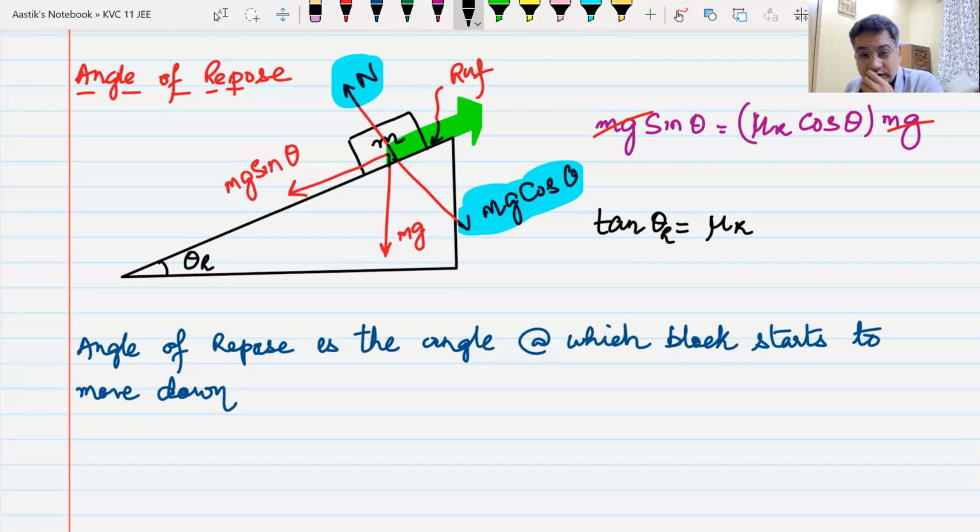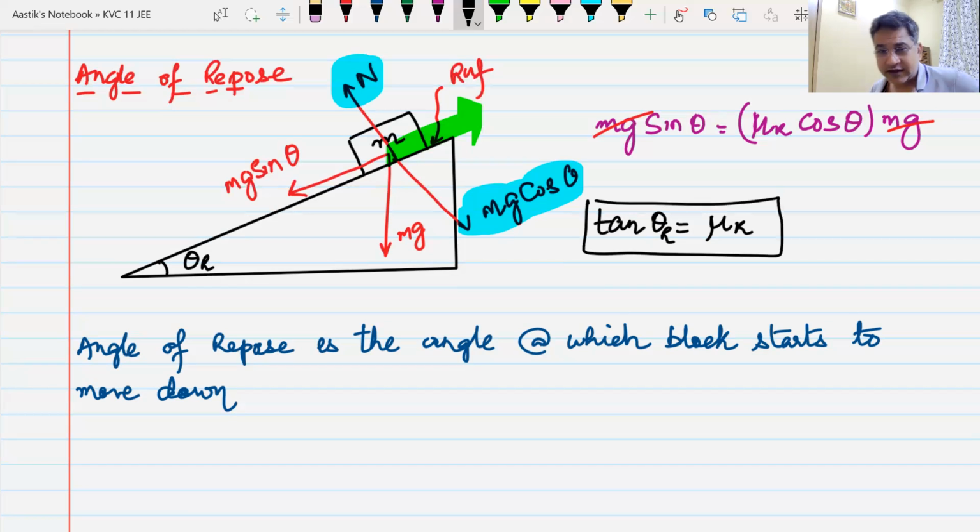Now remember, this mu k was also equal to tan theta of angle of friction. So basically, angle of repose and angle of friction become same. Do we understand this? Angle of friction and angle of repose actually become same, and tan theta of that becomes equal to mu k. So at this particular angle, this block will start to slide.